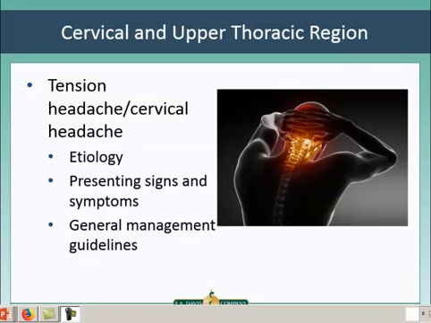And making sure that they have a proper chin tuck and are not in extensive upper cervical extension is important. Manual therapy and suboccipital release are all good techniques to use with somebody who has a tension or cervical headache.